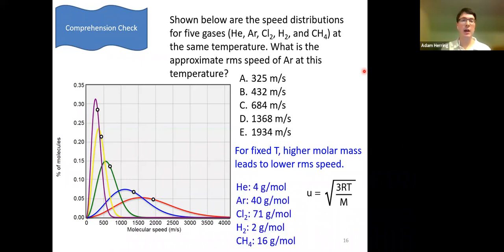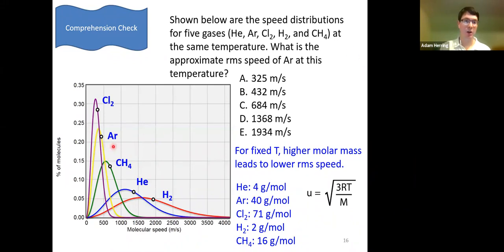Because we know the identities of the gases, we can calculate their molar masses and then use the information about the molar mass to rank them. So we know that the heavier molecules will move on average at slower speeds, and the lighter molecules on average will move at faster speeds.